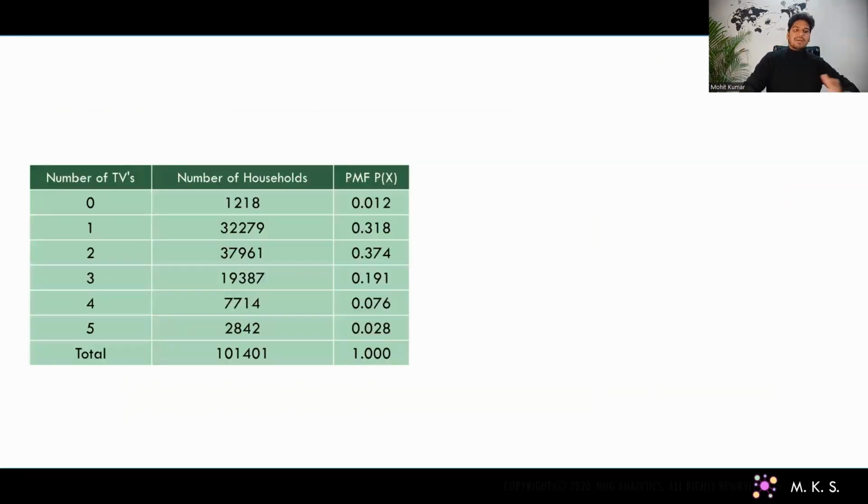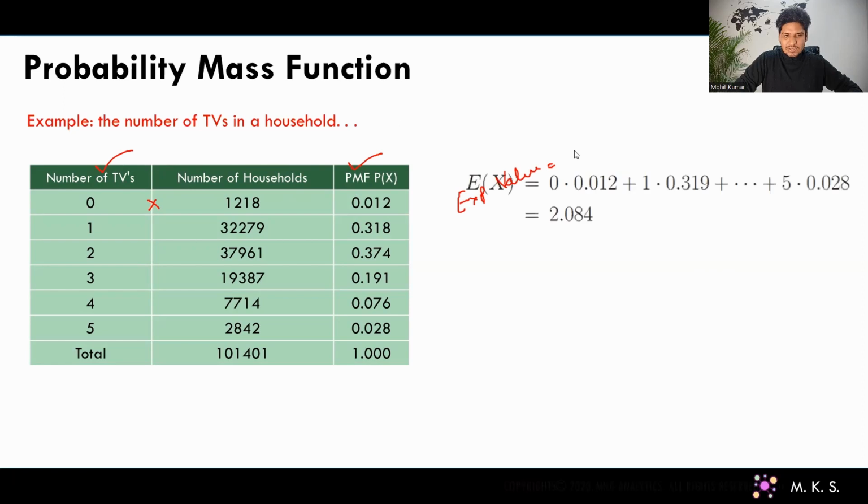So now this is our data where we have the PMF, right? Now if we need to find the expected value, as I mentioned, you need to take the product of your random variable values and PMF. The formula is very simple.